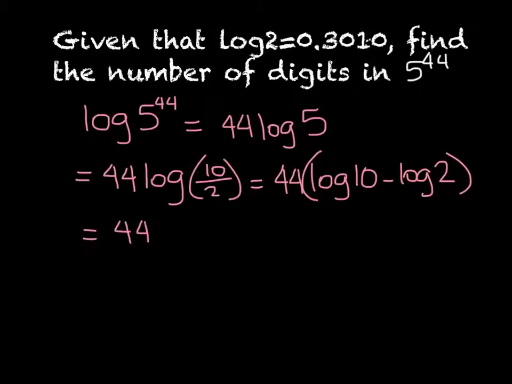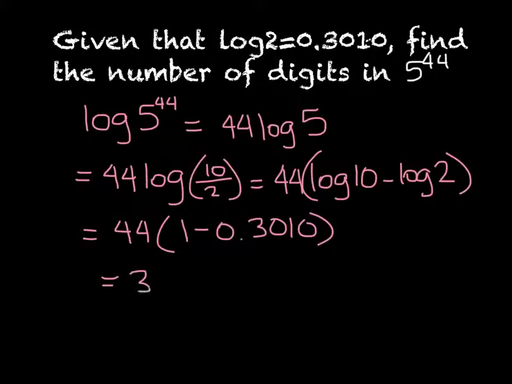So that equals 44 times, we know that log of 10 is 1, and we can substitute in our value here. And so what we end up with is 30.756.